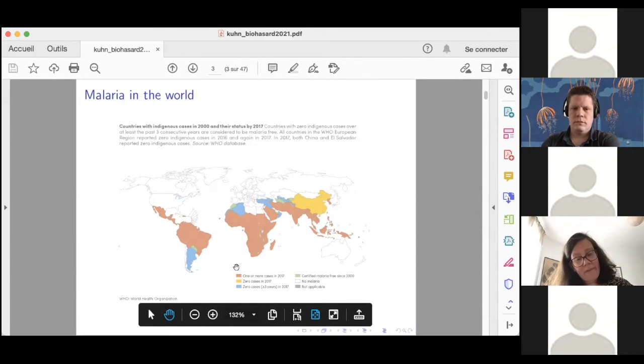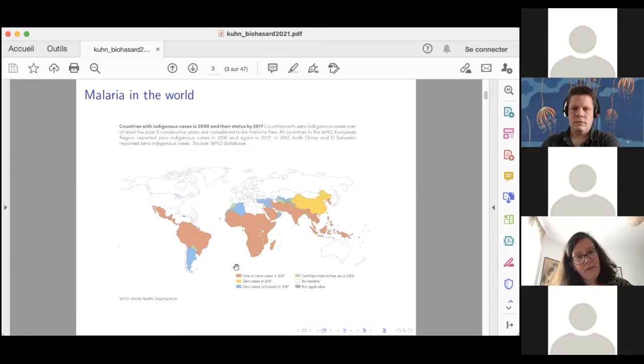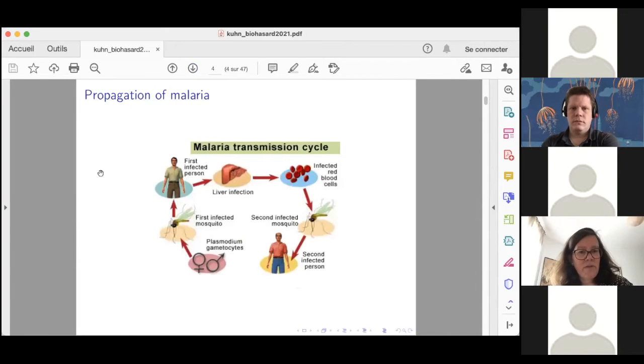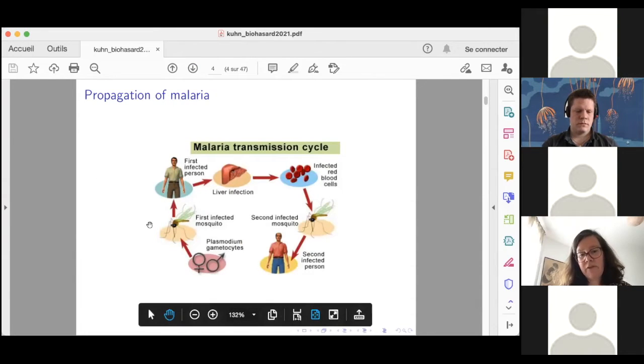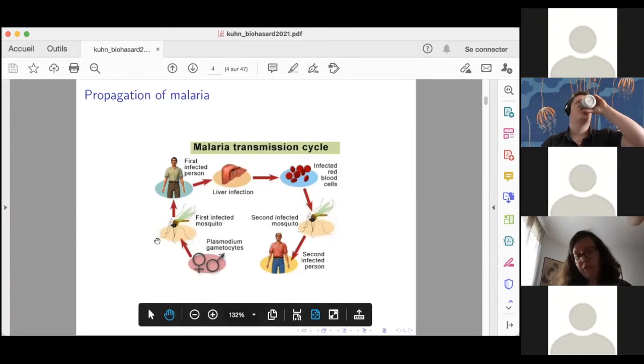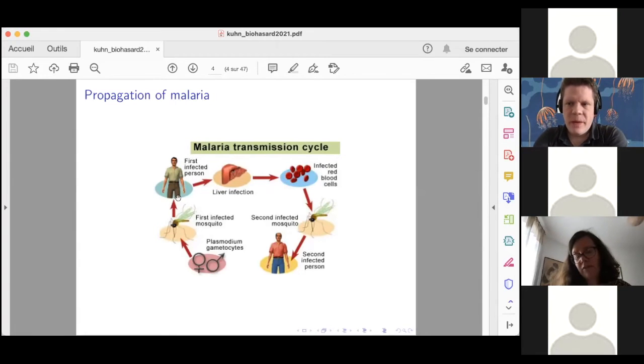To better understand how malaria propagates, we have a look at the mechanism. It starts with a mosquito, which is first infected here. Then the mosquito transmits the disease to the first infected human.